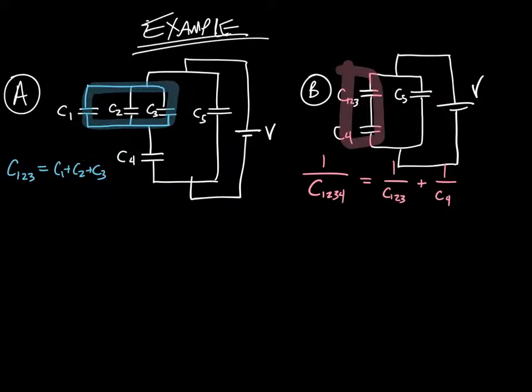And so what that ends up being is a product to sum. So hopefully you can see that the common denominator would be the product of the denominators. And that 1 over C1, 2, 3, 4 would be C4 plus C1, 2, 3 over the product. And then if you flip it all over, you get the product over the sum. So we have C1, 2, 3 times C4 over the sum.